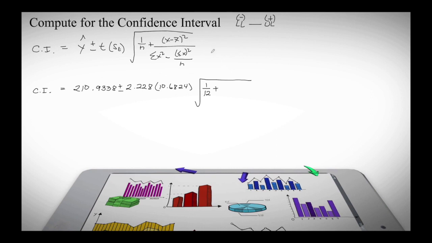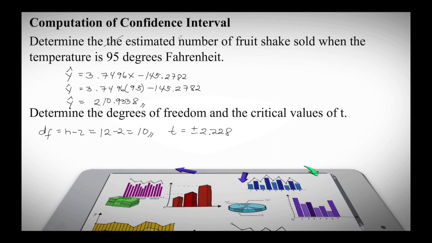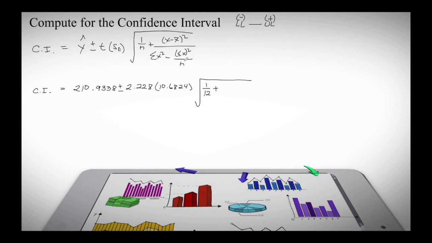x minus x bar. Ano po yung x na gagamitin natin dito? 'Di ba? Ang pinapakuha kasi dito sa atin is the confidence interval when the temperature is 95 degrees Fahrenheit. Again, temperature yung x natin, then yung y natin are the sales ng fruit shake. Therefore, yung magiging value ng x natin dito will be 95.